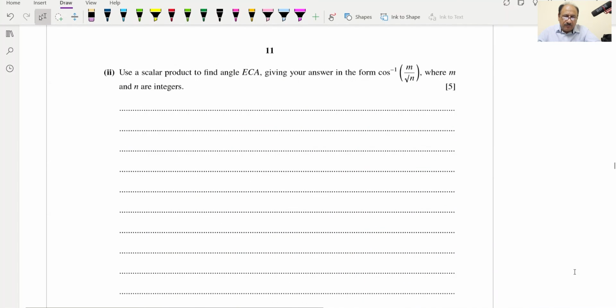Now the second part. They are saying use a scalar product to find angle ECA, giving your answer in this form, where m and n are integers. This is a 5-mark question. First of all, we need to identify angle ECA.